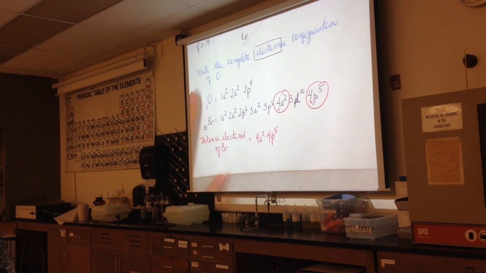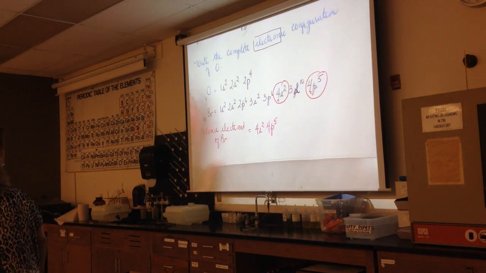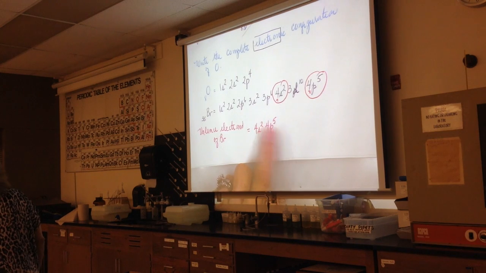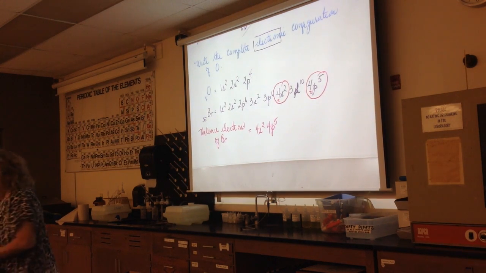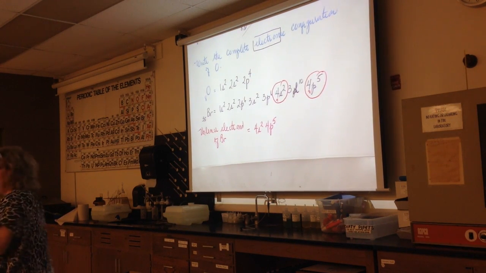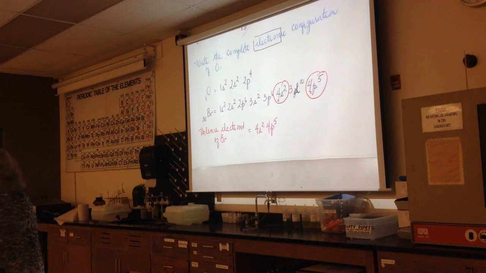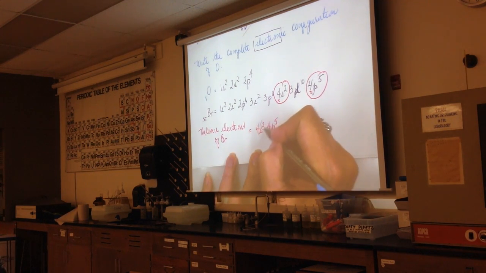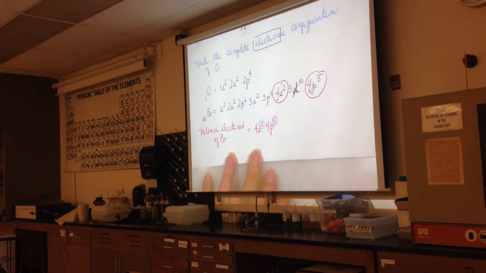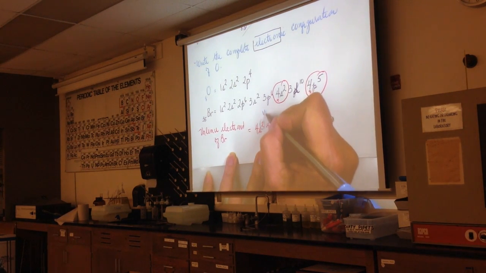Where would you find bromine again? 2 and 5. You will find bromine in group 7. The 7 came from the valence electrons. I'm in group 7 because I have 2 and I have 5. That's a total of 7.